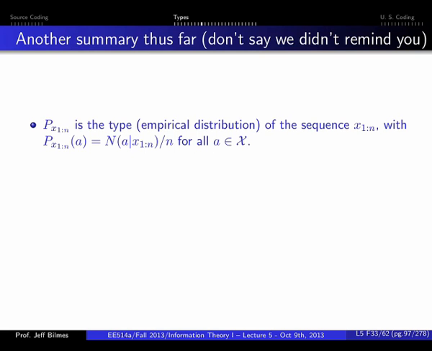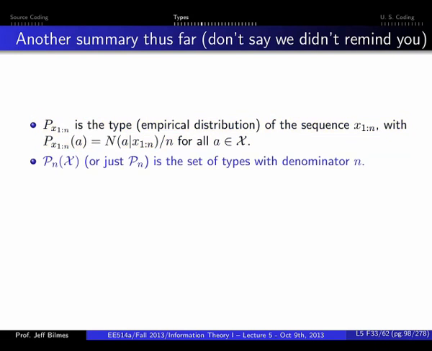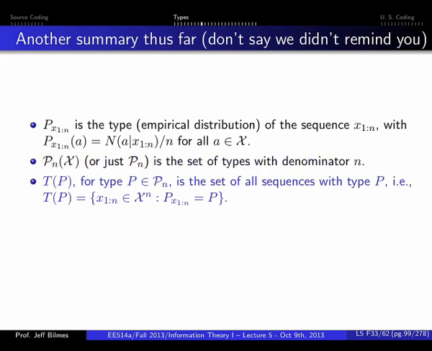So P, this is the type. It's the empirical distribution of the sequence. And this is a way of getting a particular entry. I should change this to lowercase n here. Be consistent. This is the set of types with the denominator n. We're just going to use script P_n for that, but you could also think of it as a function of the alphabet, or the alphabet size. This is the type class.